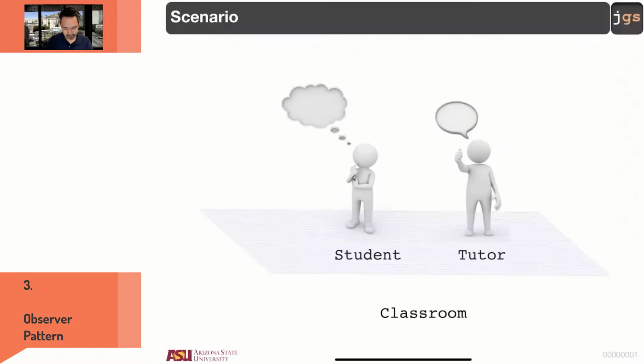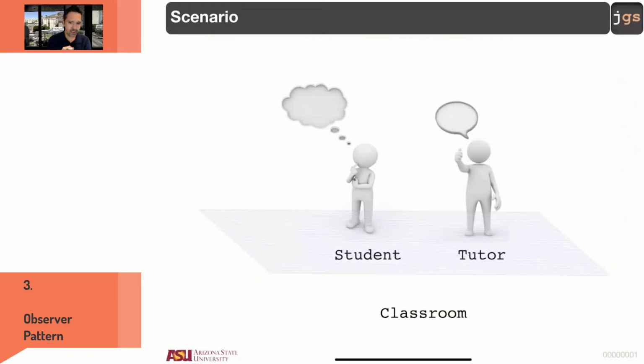I am going to use Java to implement an observer relationship between 2 of my classes. My program is going to have a student and a tutor. I am going to implement this idea of, you know what? I have a class student and I have a class tutor, and they are in a classroom.